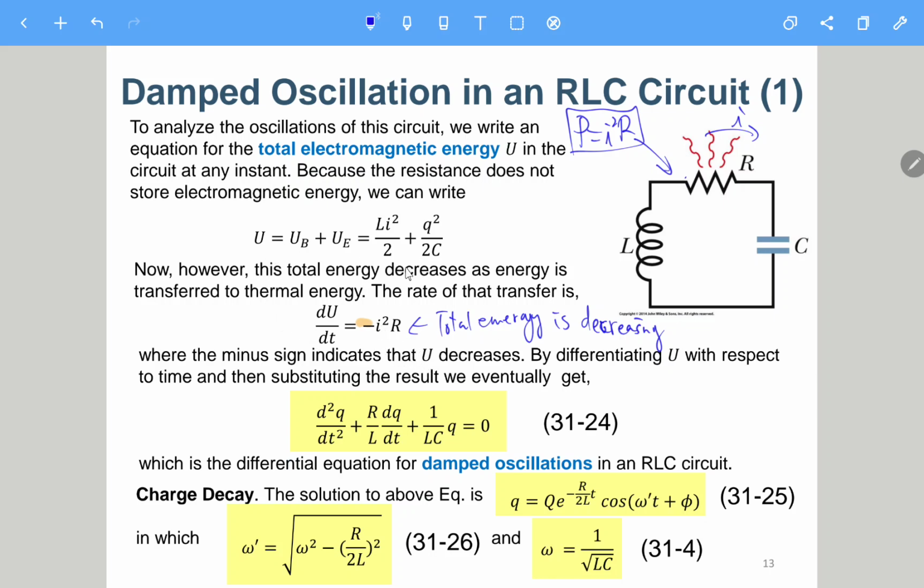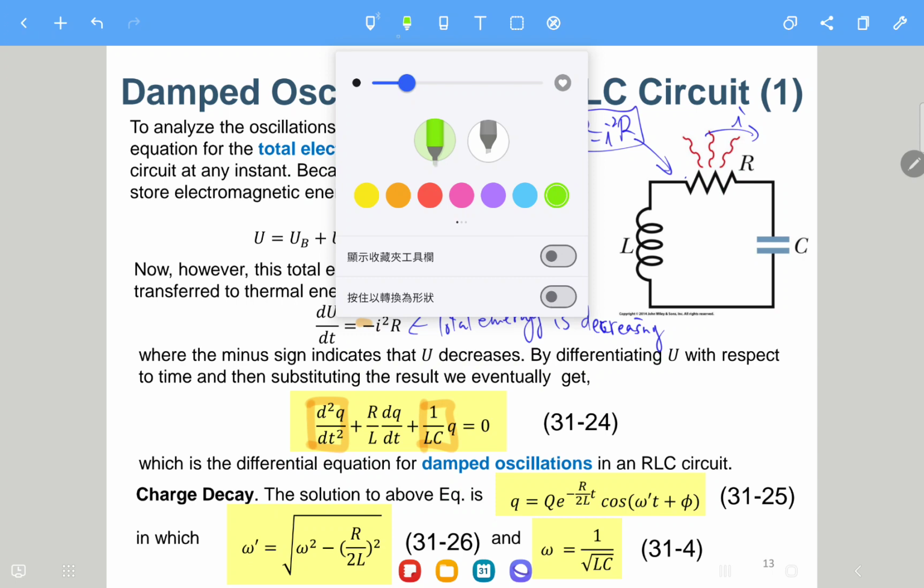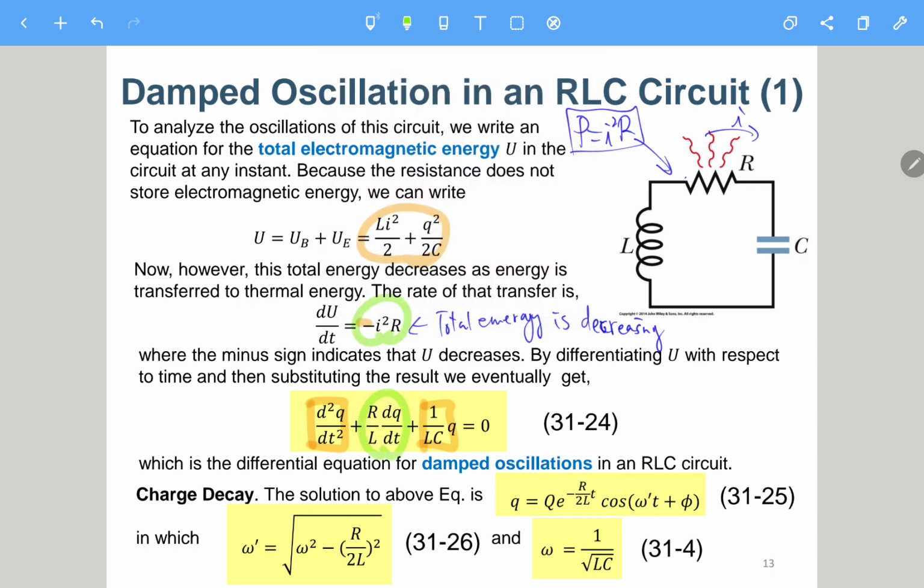Okay, so similarly, we can take the derivative of this one, and it should equal negative I squared R, rather than 0. You can imagine just now we had this term and this term correspond to these two things. And of course, there is some cancellation. So finally, this term will become this term.